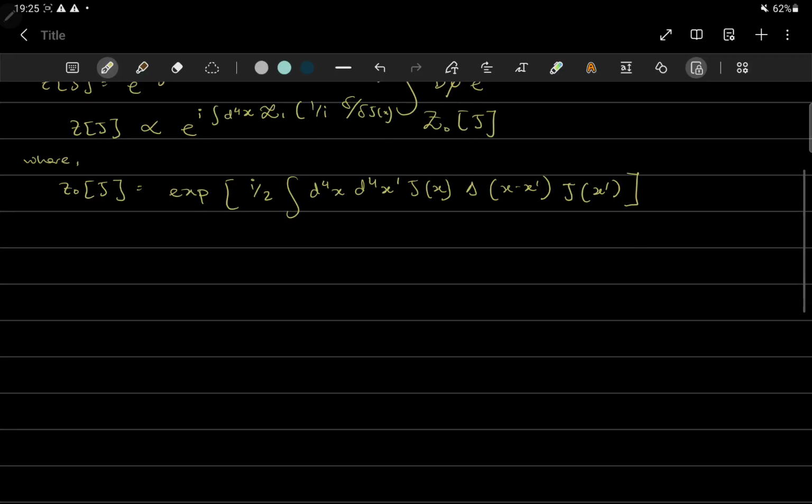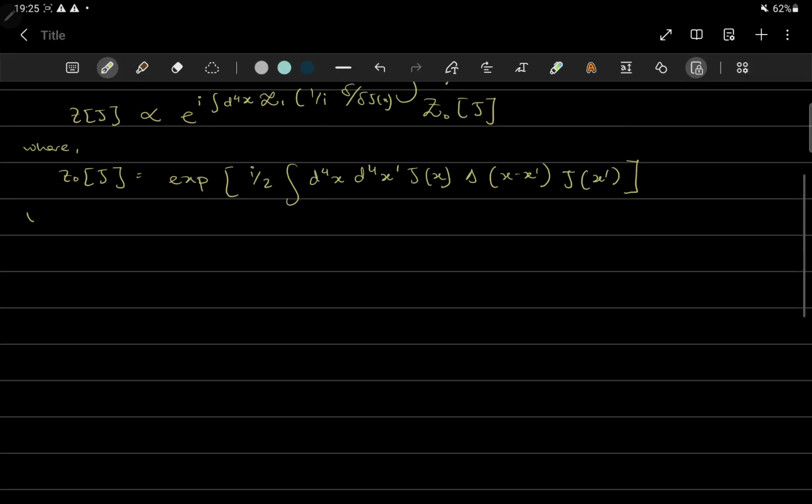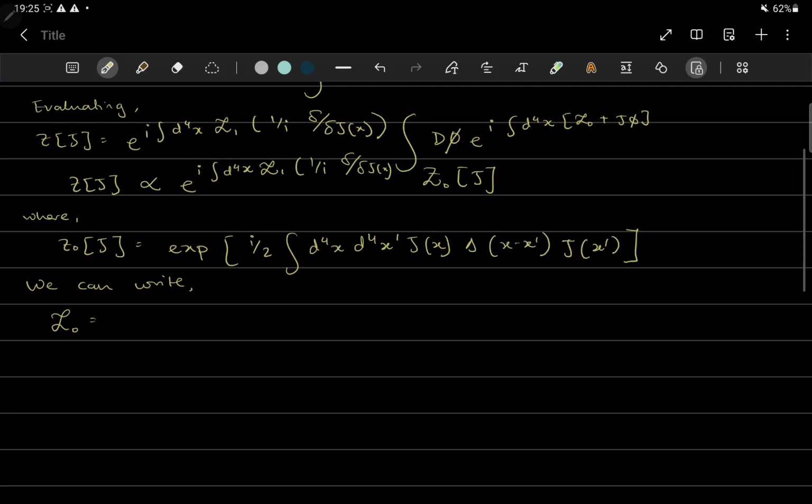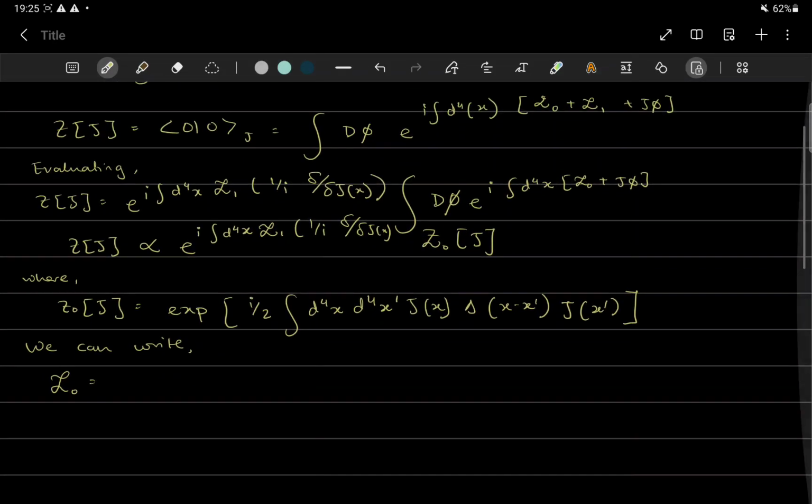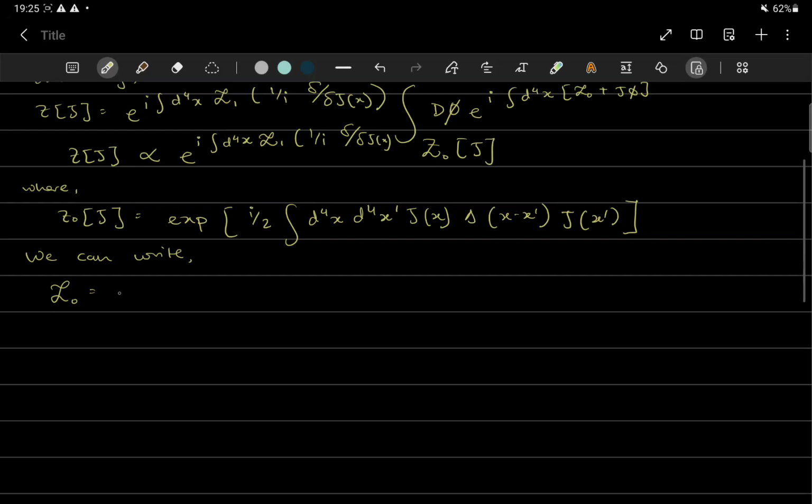From here we can write the free field Lagrangian as well, which comes from the expression of the action, which is pretty simple, and this is minus half the kinetic terms.